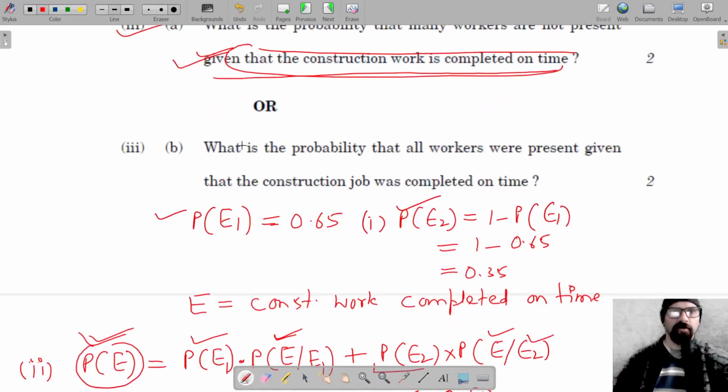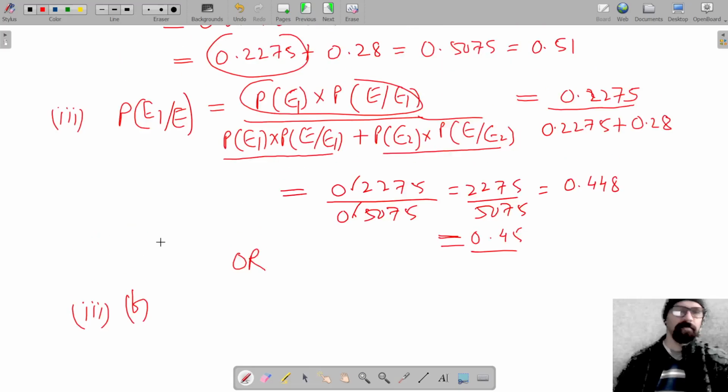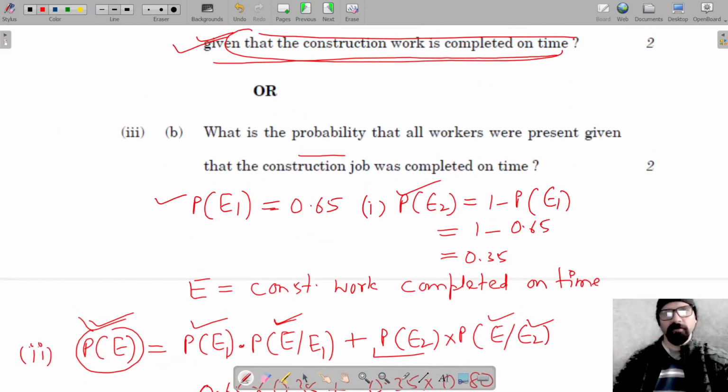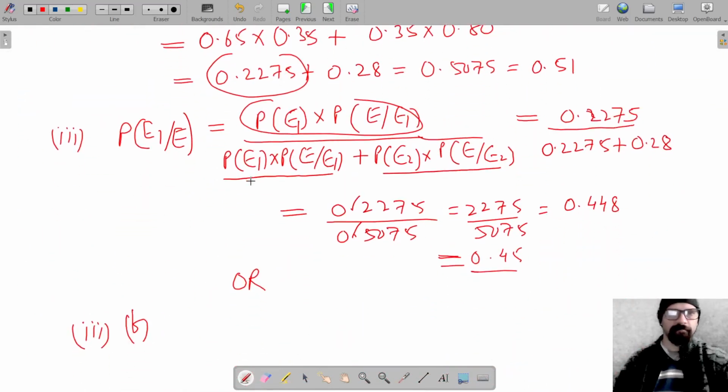Okay, now the OR part, the third B part. What is the probability that all the workers were present given that the construction job was completed on time?